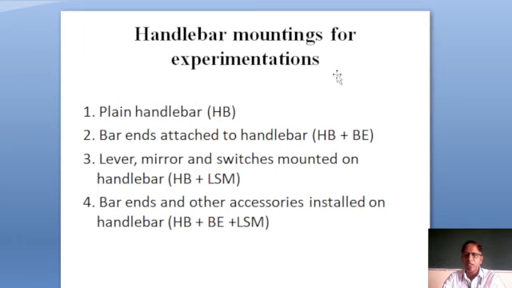Now, handlebar mountings: we have maintained different mountings for the handlebar for the experimentation. First is plain handlebar, then second one is bar ends attached to handlebar, that is handlebar plus bar ends, then lever mirror switches mounted on the handlebar, that is HB plus LSM, lever switches and mirrors, and then bar ends and other accessories installed on the handlebar, that is HB plus BE plus LSM.